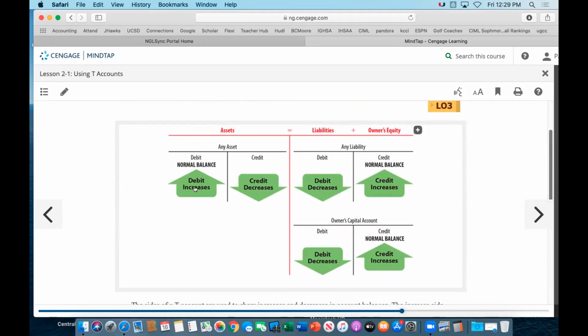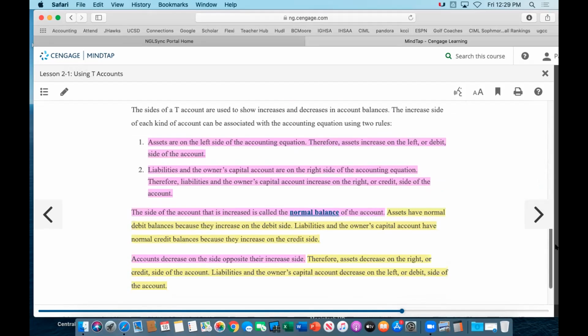Why? Because it increases over there. The normal balance for an account payable is a credit. The normal balance for capital is a credit because it's the increase side. So a lot of times they'll say the increase side, okay, you know what it is. They might say the normal balance side, and you go, okay, that's the increase side. They just use the phrase, okay?